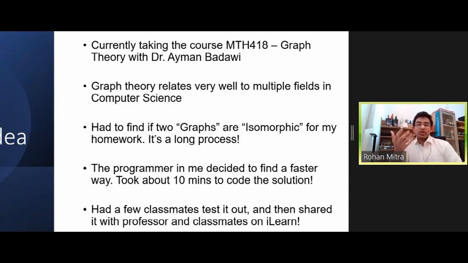Well, the way this program came to being was that I had homework, okay? Just like all the students attending here, I had some homework in graph theory. The question was to find if two graphs are isomorphic, and I had to show that they were or weren't. Now, that was a long process, and honestly, I had a tiring week. So the programmer in me decided that it's time to find a faster way.